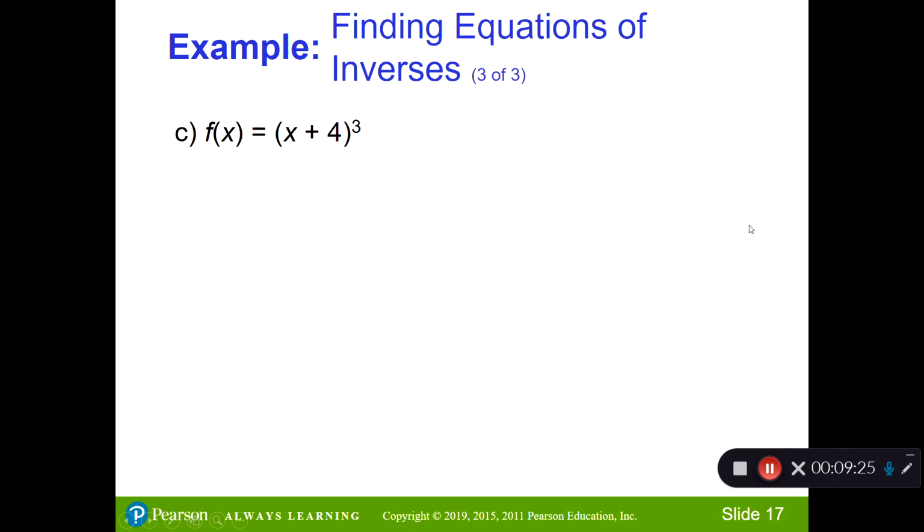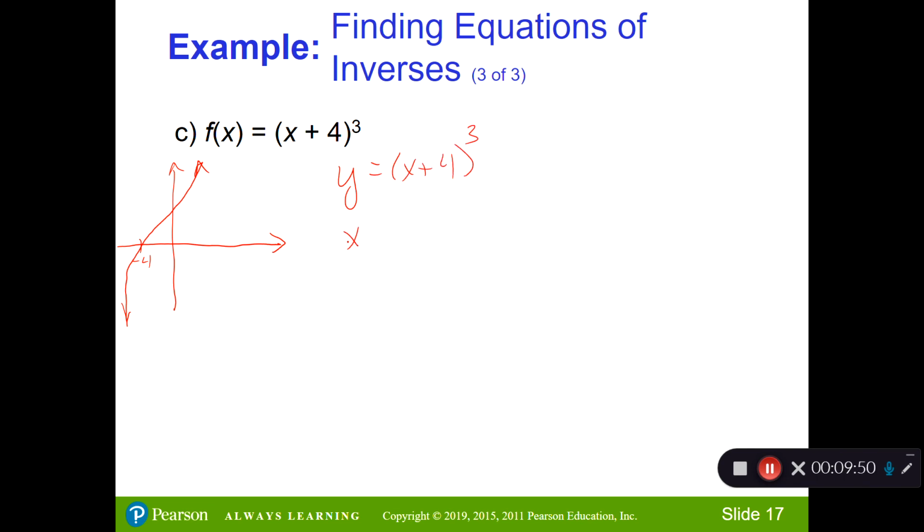All right, let's look at this guy. Now, remember the cube function kind of looks like a little s almost. And then I'm shifting left 4. So over here at negative 4, our function goes like that, right? So that is one-to-one because every horizontal line will intersect it only one time. So we write this as y equals x plus 4 cubed.